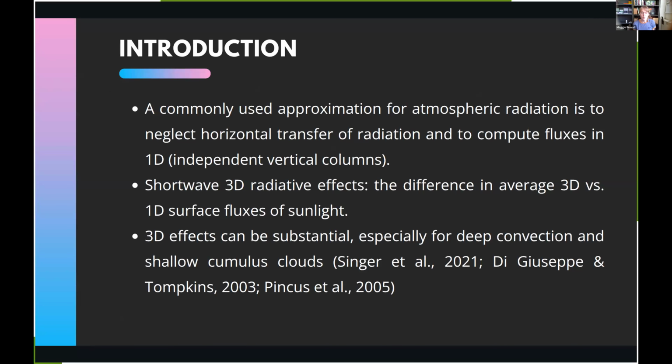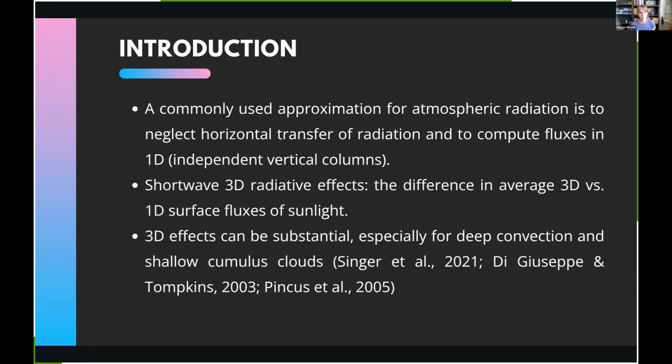I'm sure there are many modelers in the room, and as modelers, we need to make approximations. A commonly used approximation for atmospheric radiation is to neglect the horizontal transfer of radiation and to compute fluxes only in 1D, in the vertical dimension, using independent vertical columns. There are a number of biases that arise from making this approximation.